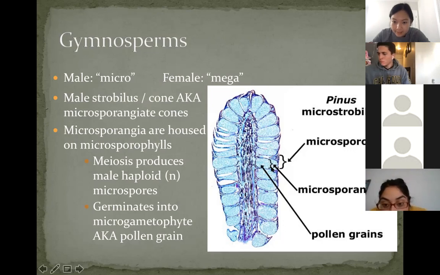And right here in this bracket is the microsporangium. So that's where all the haploid microspores are going to be housed. If you look closely, I have a zoomed up image in the next slide, but all of these little blue dots are the haploid microspores. Eventually, those haploid microspores are going to germinate and produce the pollen grains, or the male gametophyte.